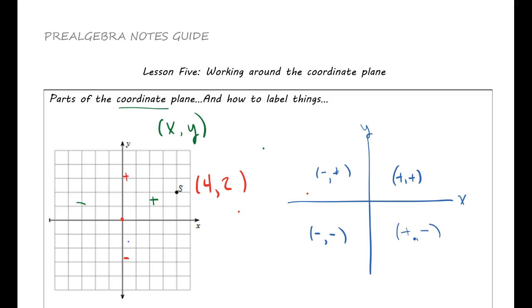Now, a quadrant is just the word used to describe which region of the graph that you're in, and they do have specific names. This one is quadrant 1, and I'm going to use Roman numerals here. This is quadrant 2, this is quadrant 3, and this is quadrant 4, okay? Now, quadrants 1, 2, 3, and 4, notice it went around counterclockwise.